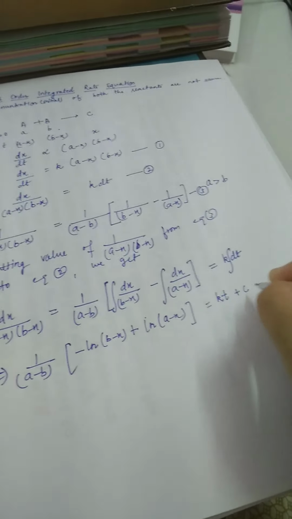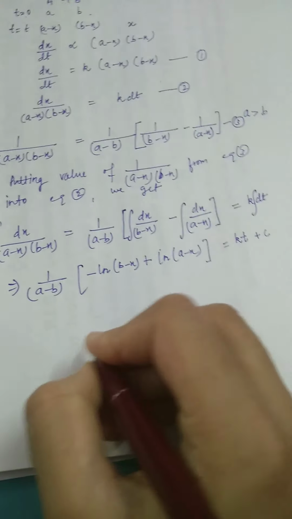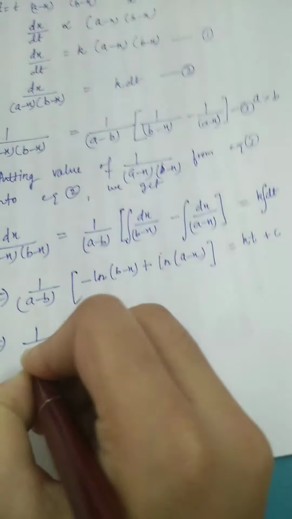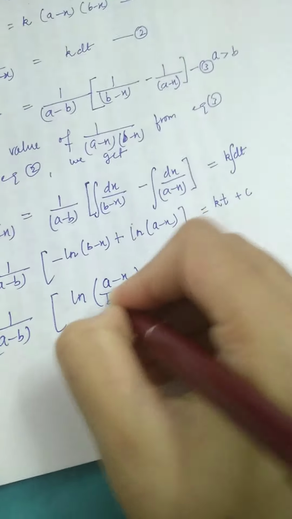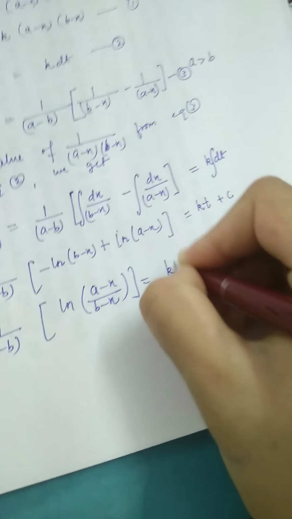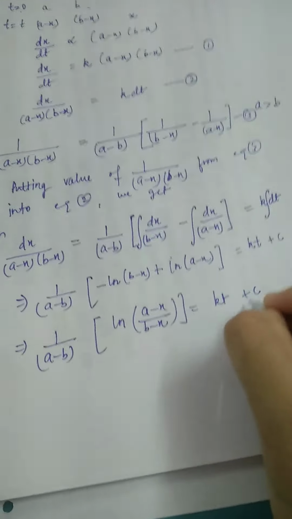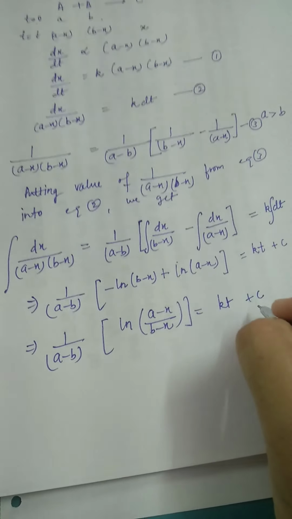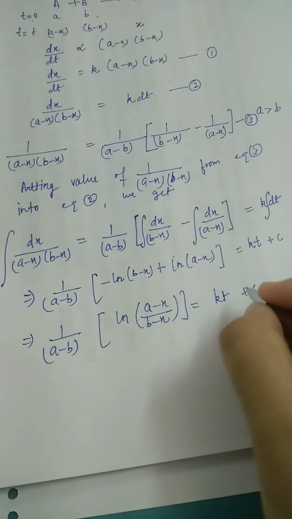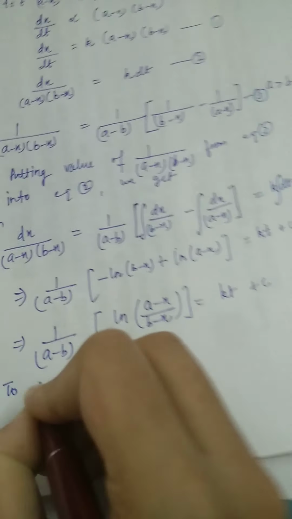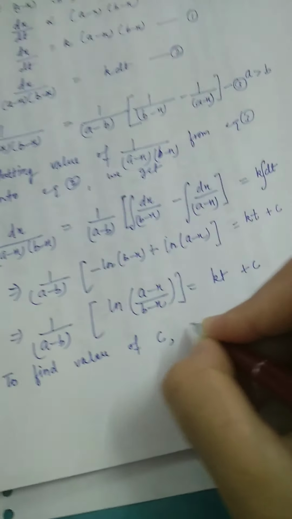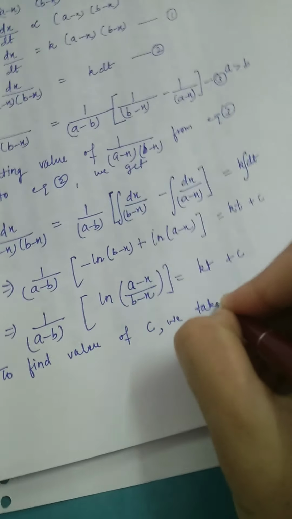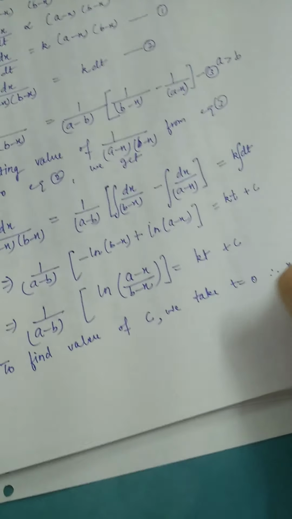Here c is the integration constant. Now we can further simplify it into ln of (a minus x) divided by (b minus x), times 1 upon (a minus b), equal to kt plus c. This is our fourth equation. In order to find the value of c, we take the initial time, t equal to 0, therefore x equal to 0.